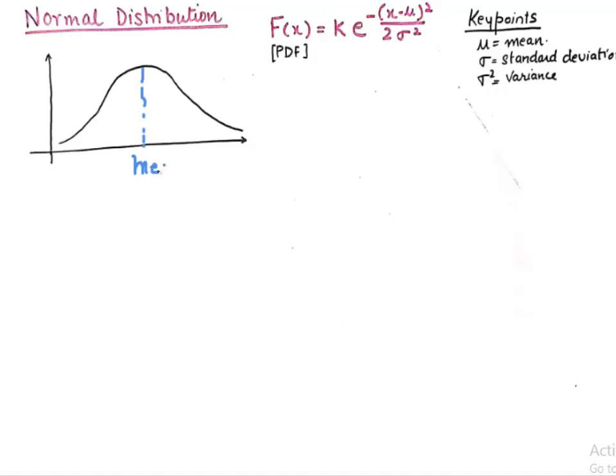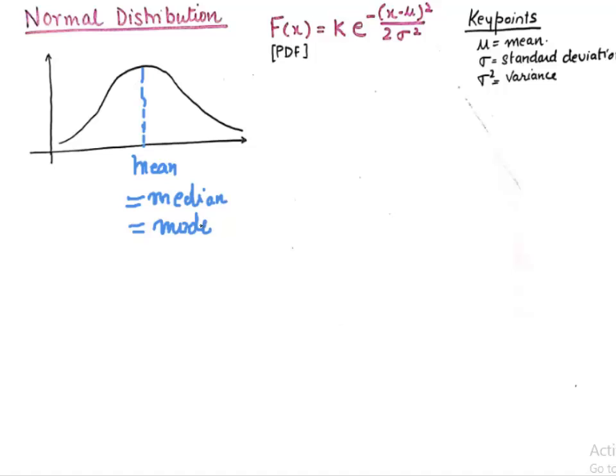mean is located right at the center. So the most likely probability of happening is right at the center. This mean is also your median, which is going to divide the area of this normal distribution curve into two equal parts, and this is also equivalent to mode.